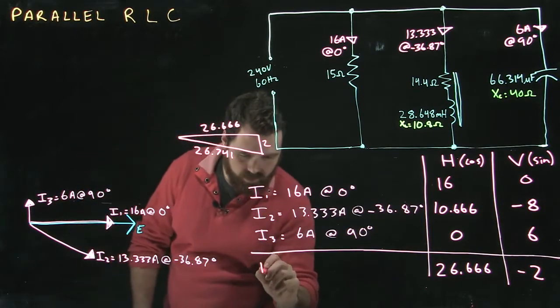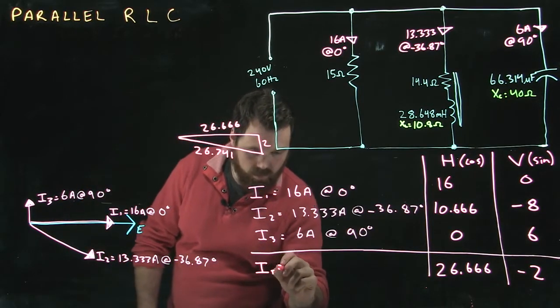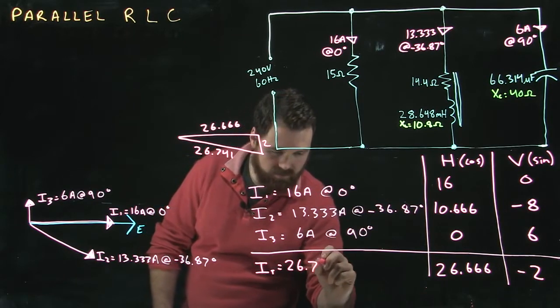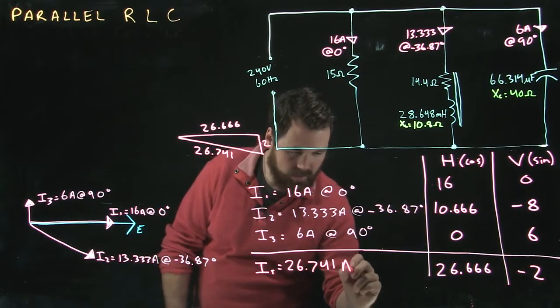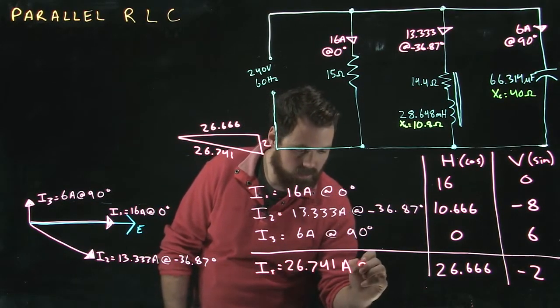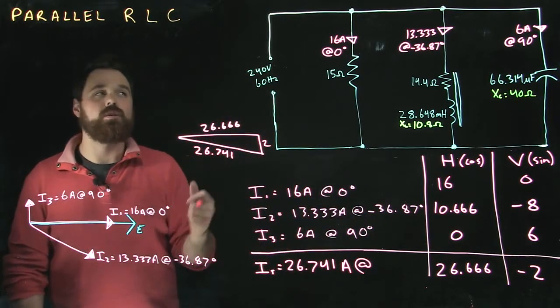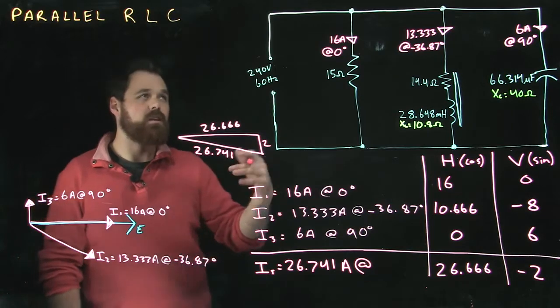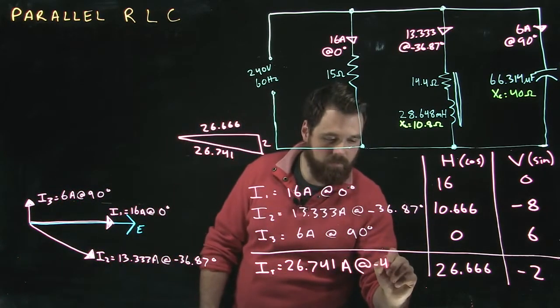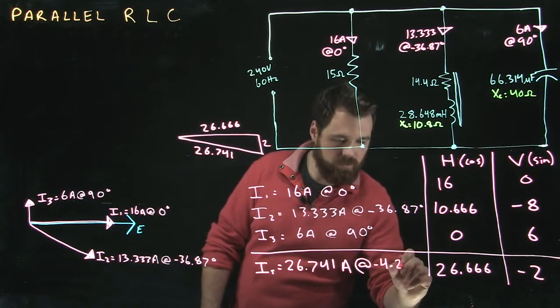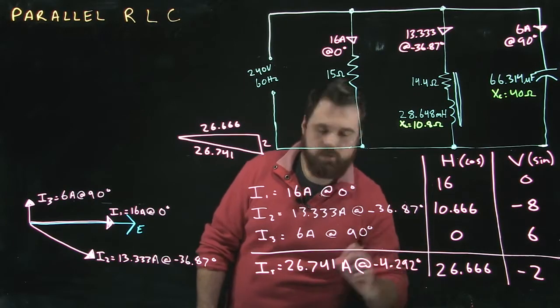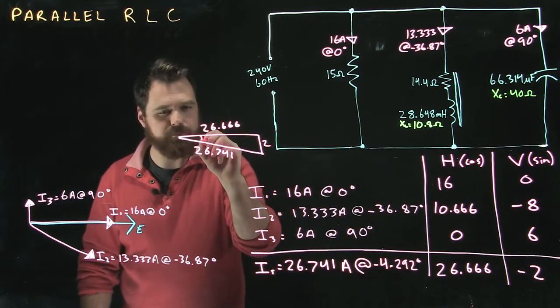So we have IT equals 26.741 amps. To figure out our angle, we use any one of our SOHCAHTOA functions, and we should get negative 4.292 degrees. So that's this guy right in here.